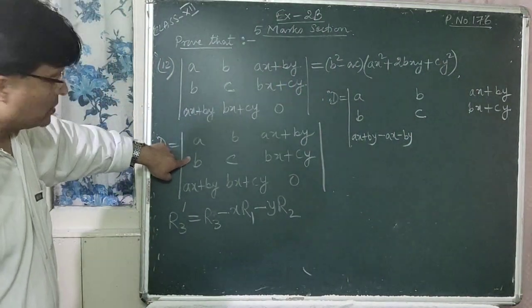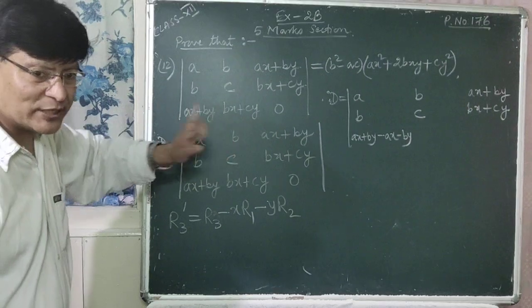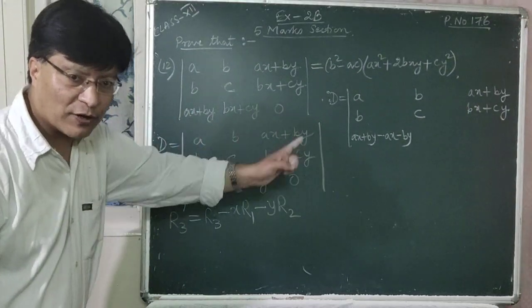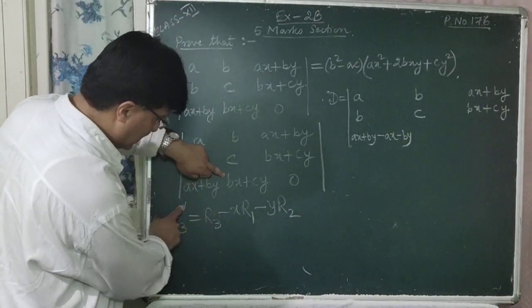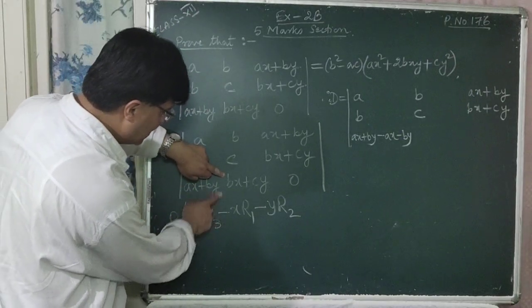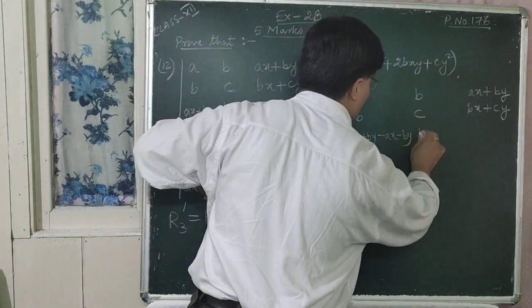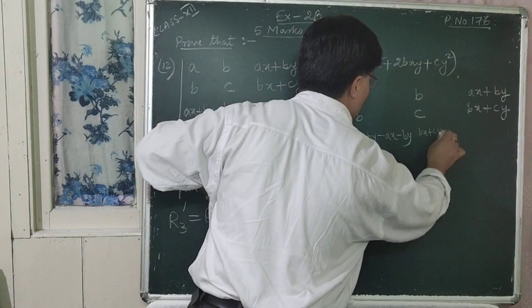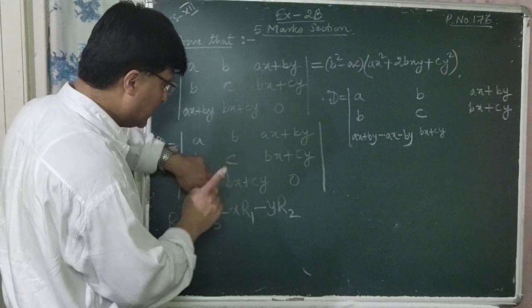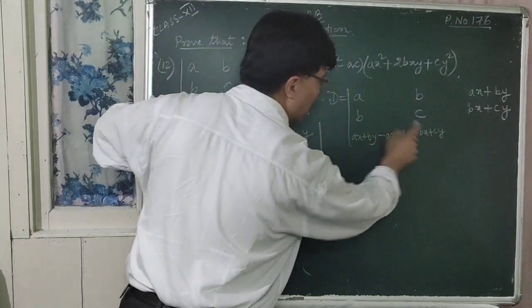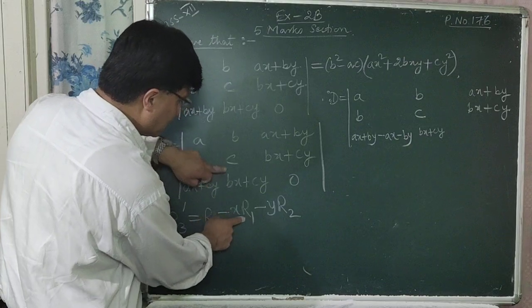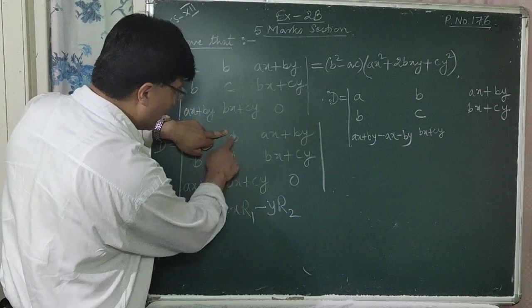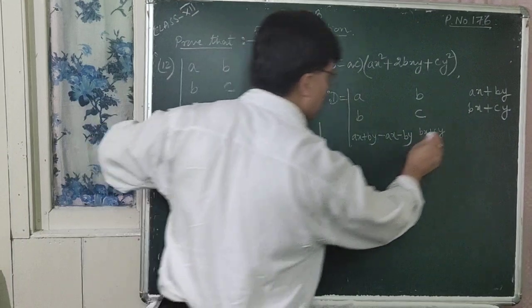So next, what is the new second element for the third row? So now it is again R3, R3 dash, new row 3. R3 means BX plus CY. Then minus X into R1, that means minus X into row 1. That is minus BX.